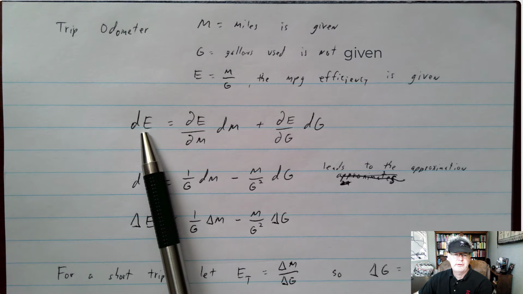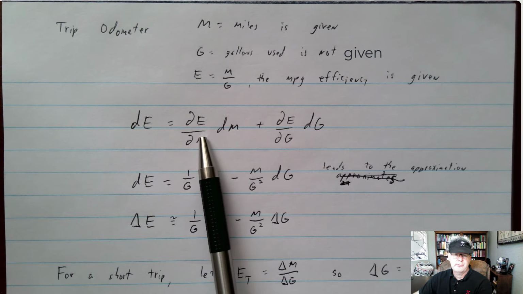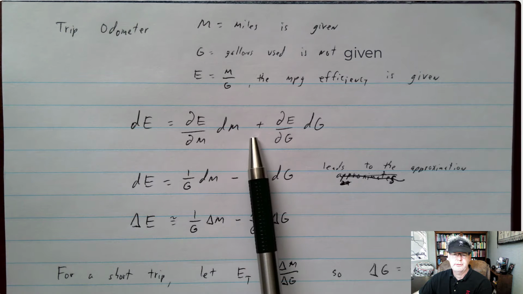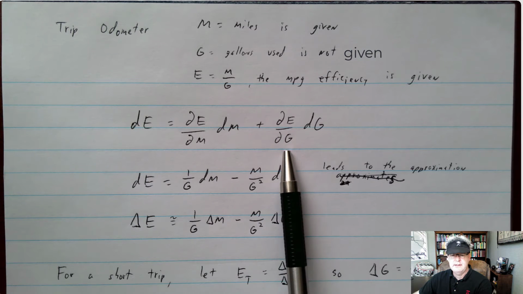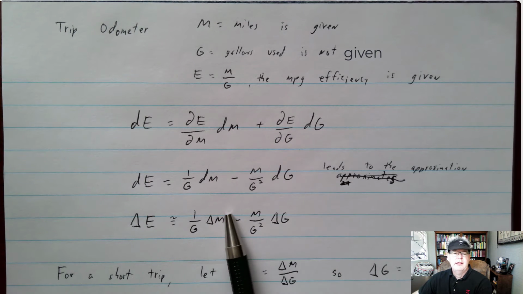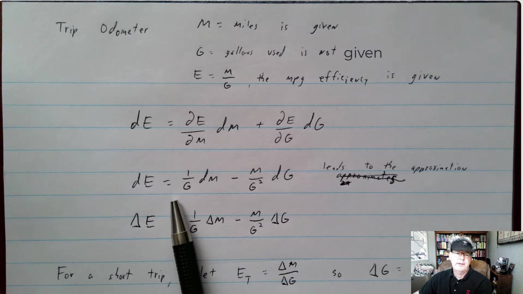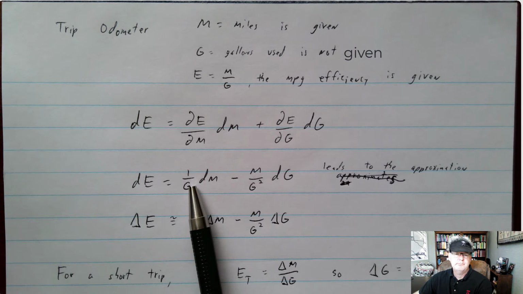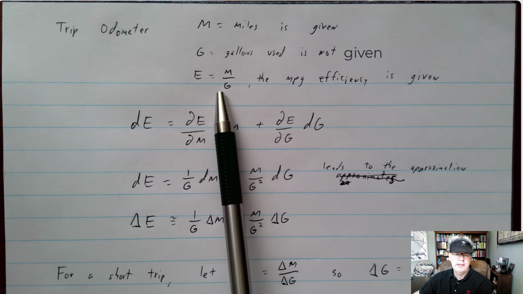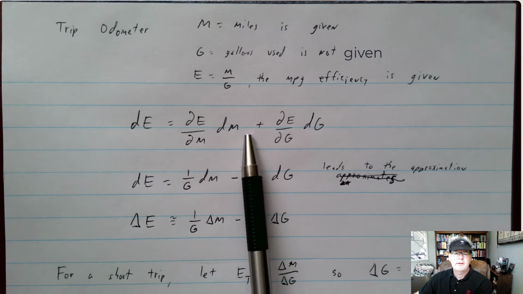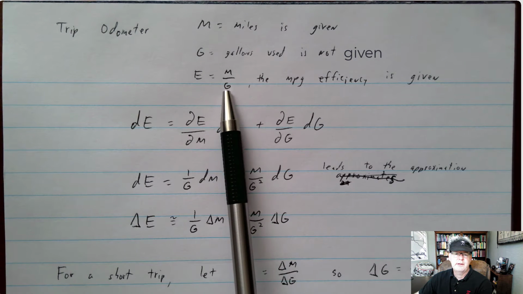So the differential dE will be partial E with respect to miles, dm plus partial E with respect to G, dG. And so if I take those derivatives, the partial with respect to m will just be 1 over g, got that there, and then the partial of e with respect to g will be negative m over g squared.